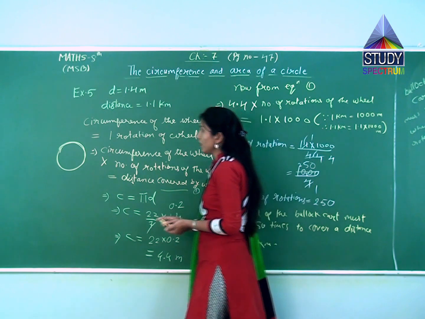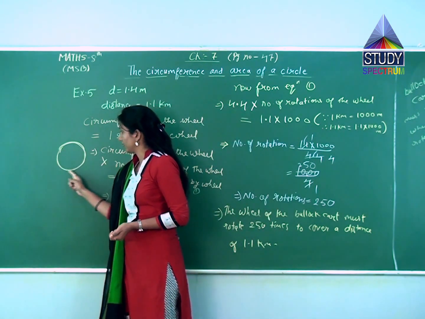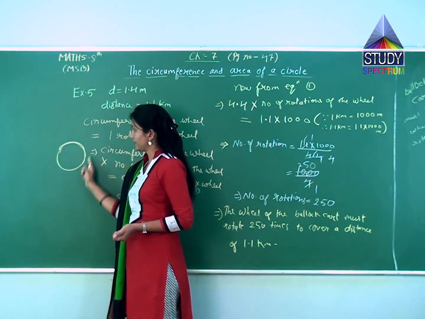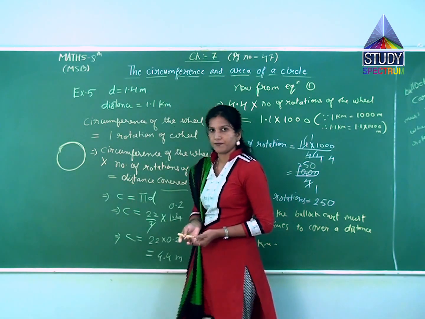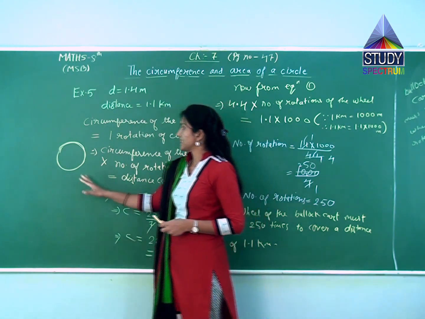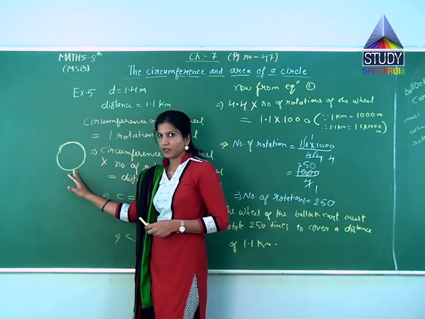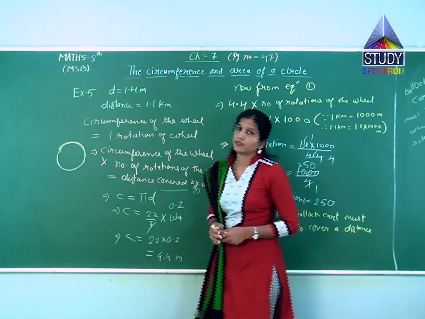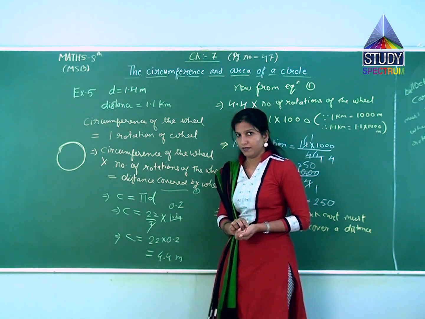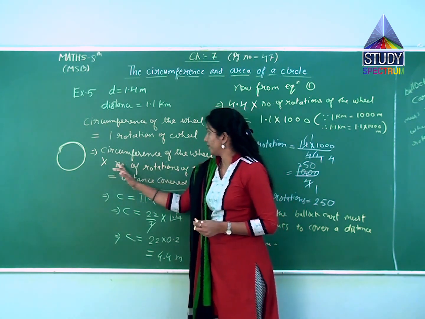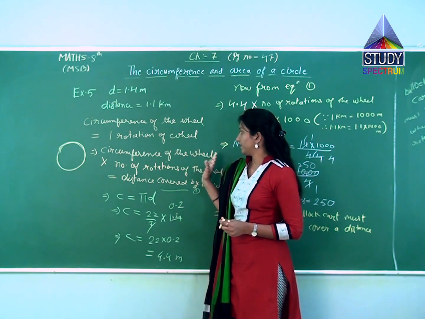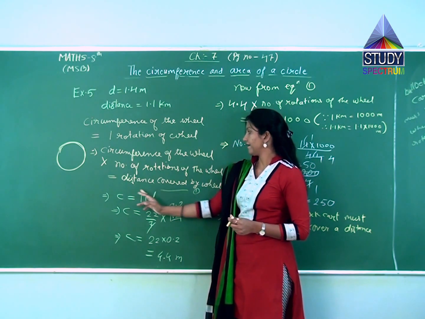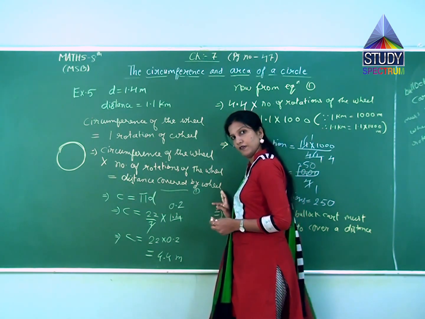Now, if we multiply the circumference with the number of rotations, suppose this wheel rotates 10 times and the circumference is also 10, then it will cover a distance of 100. The number of rotations multiplied by the circumference of the wheel gives the distance covered by the wheel.